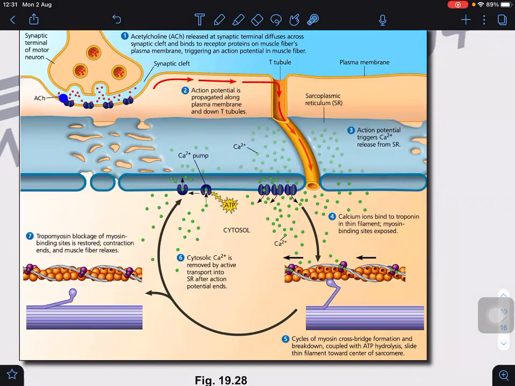And then we have what we call the plasma membrane, which is known as the sarcolemma. This sarcolemma is not smooth, but perforated by pores, and these pores continue into what we call the T-tubule.